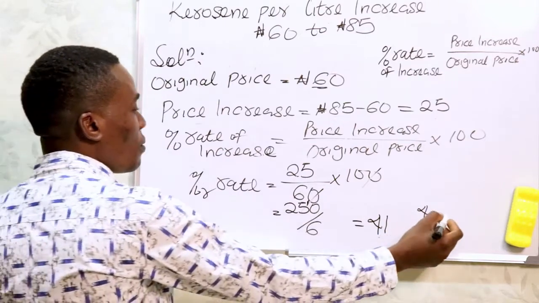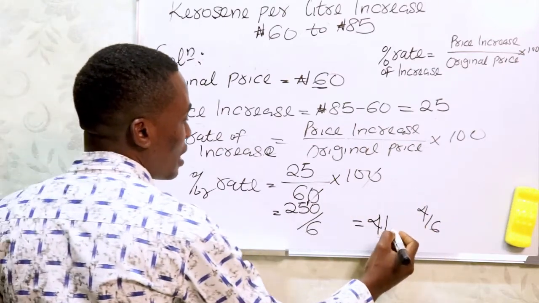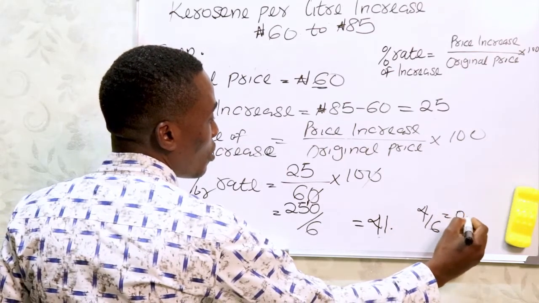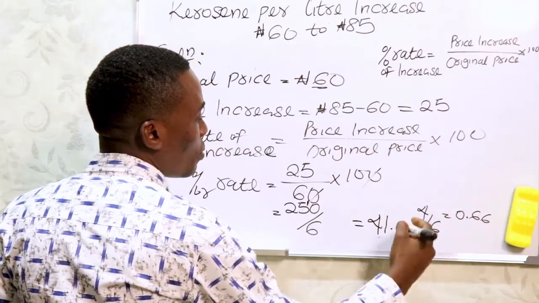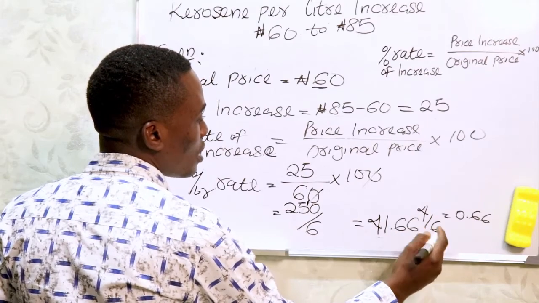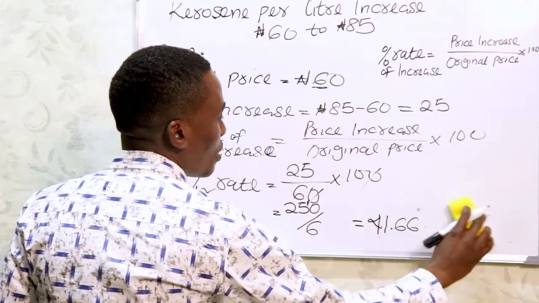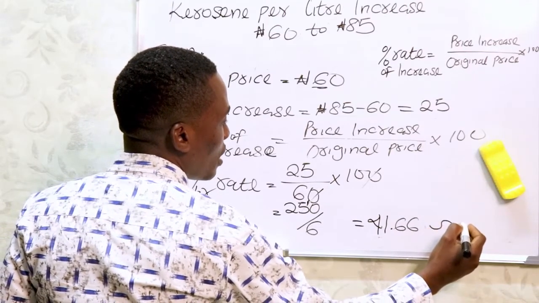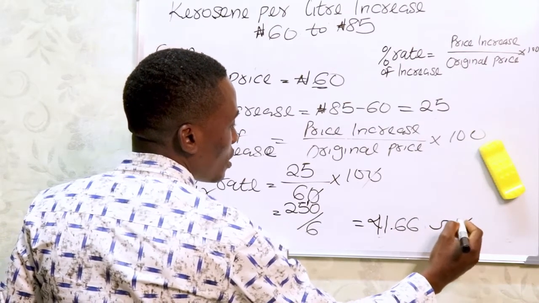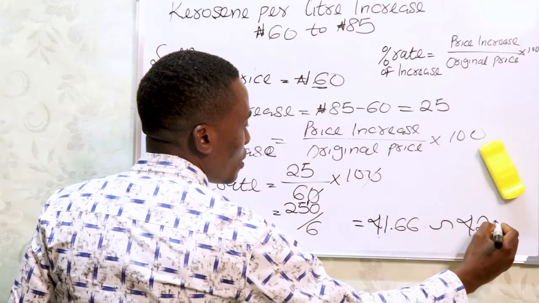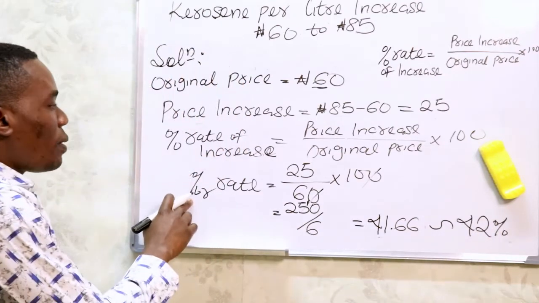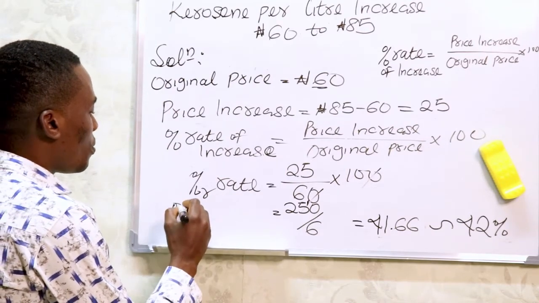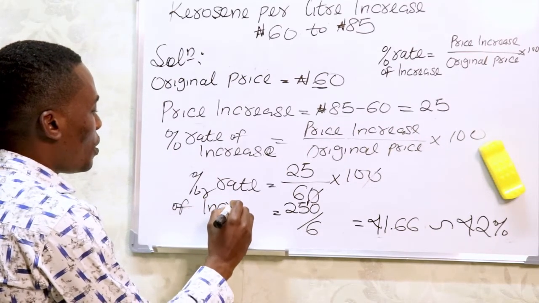If you simplify that further, you are going to get 0.66. Now if you bring that here, you're going to have 66. To simplify this further, this will give us approximately 42%. So the percentage rate of increase of the price is 42%.